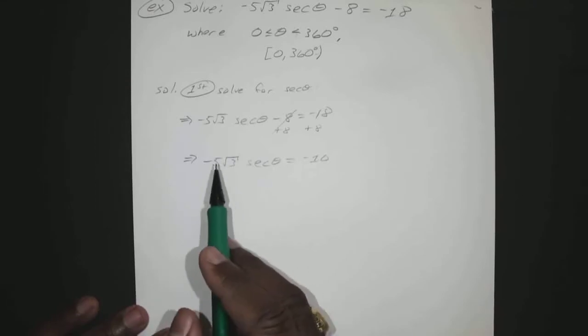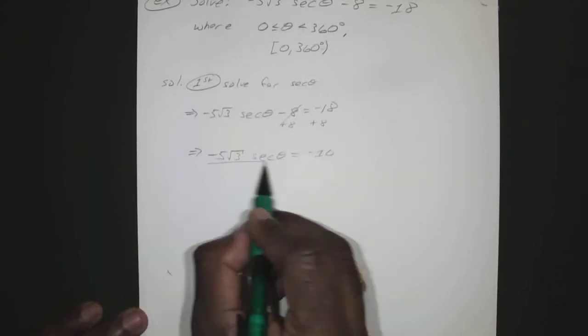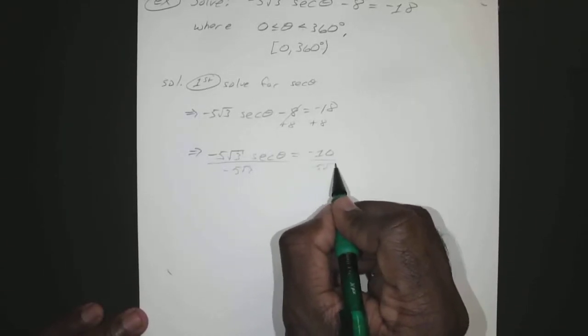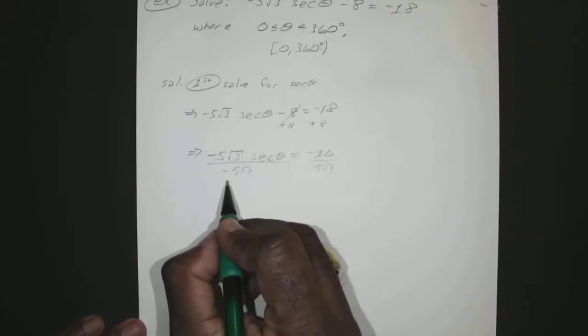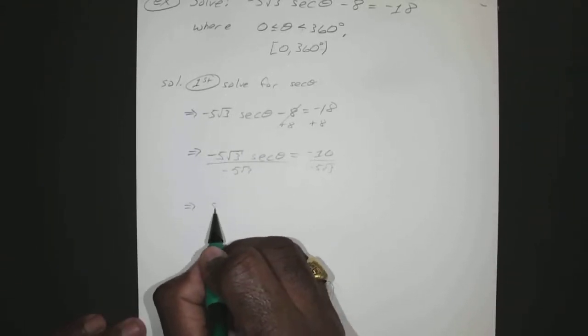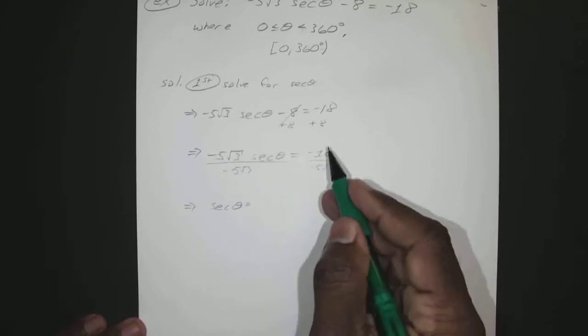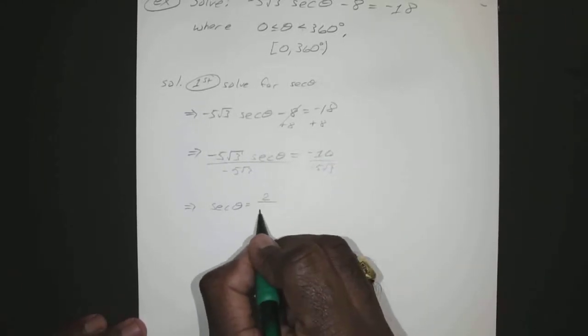Okay. So divide both sides by -5 square root of 3. That gives us secant of theta. -10 divided by 5 is 2. So that'll be 2 over square root of 3. Okay.